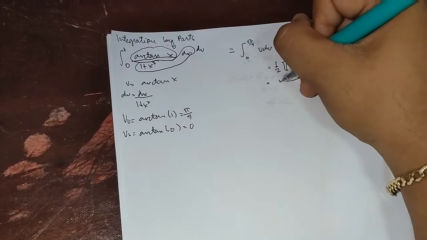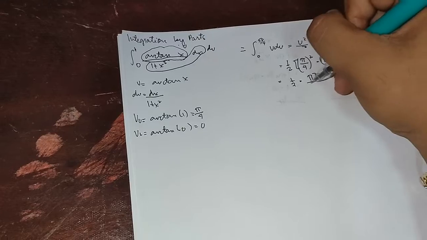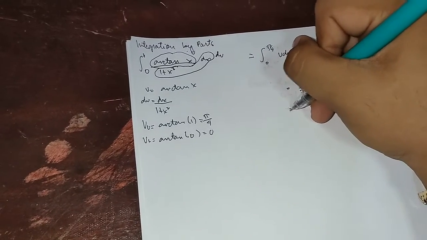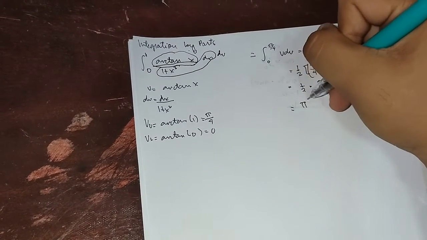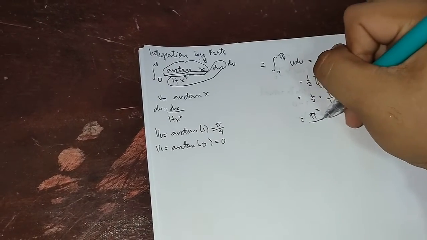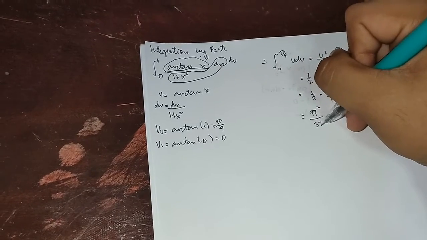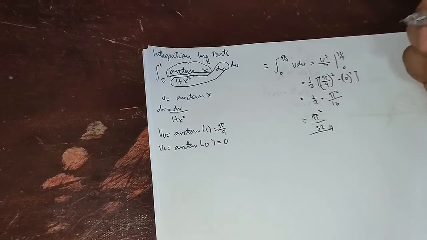This will be 1/2 times pi squared over 16, equals pi squared over 2 times 16, which is 32. And that's our final answer.